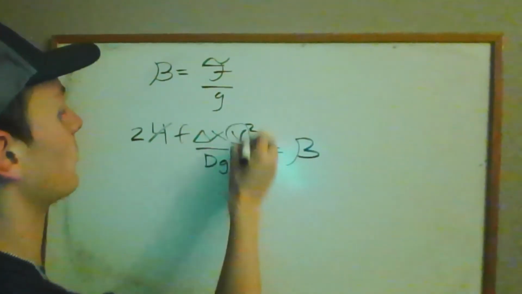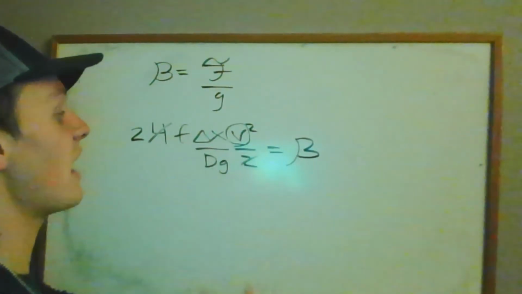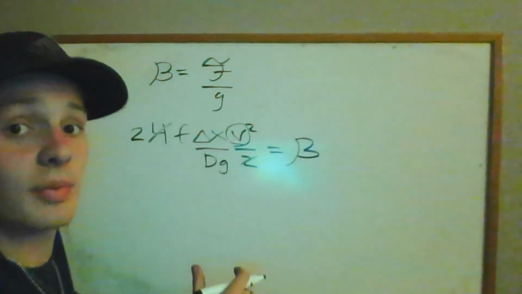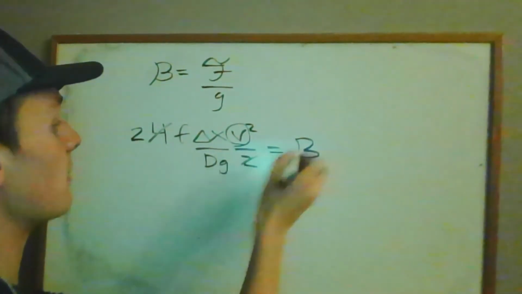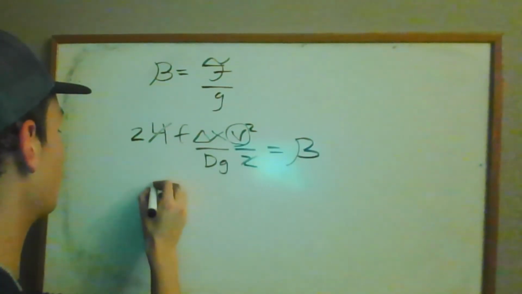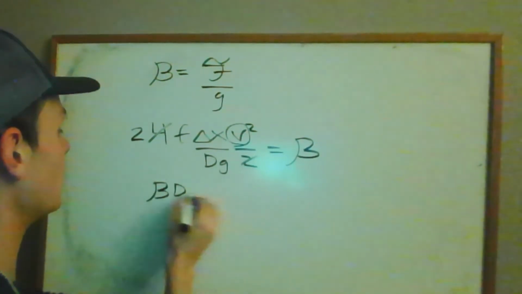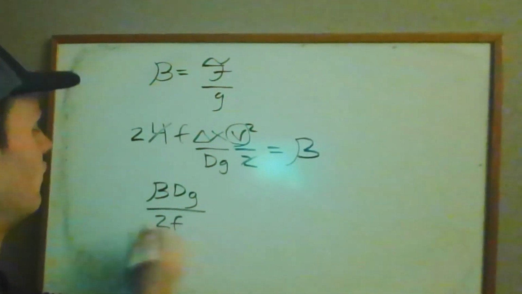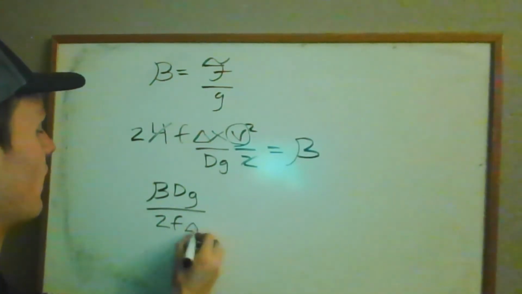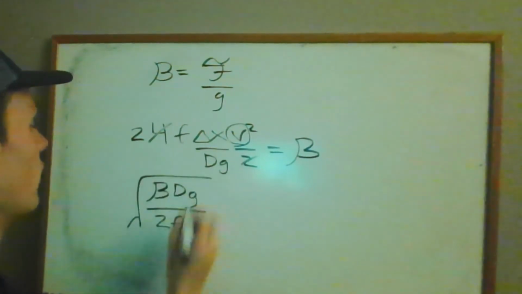We can get an expression for the velocity and use that to have our final expression for the estimated flow rate. So let's do just that. Let's multiply both sides by d g. So we'll get this expression here, and then divide everything by 2 times the Fanning friction factor. We have our delta x in there, the square root.